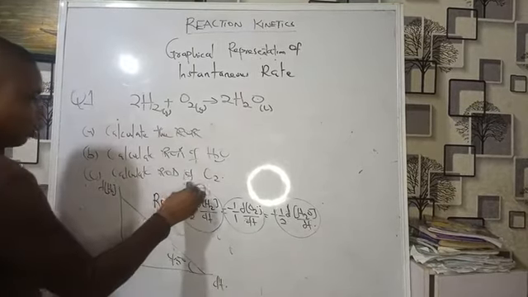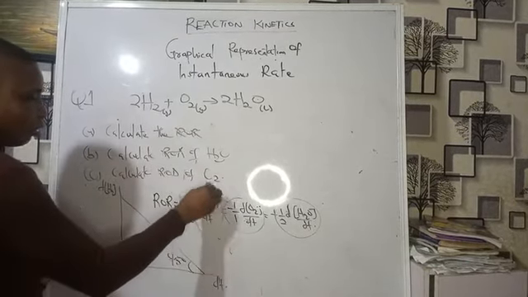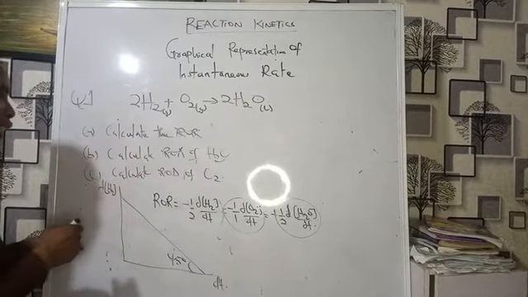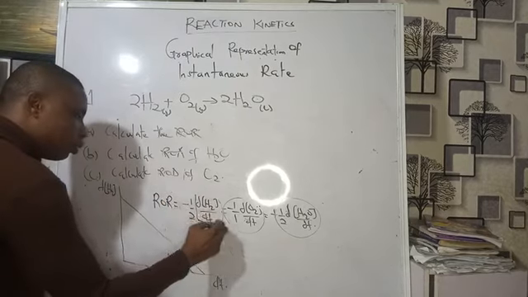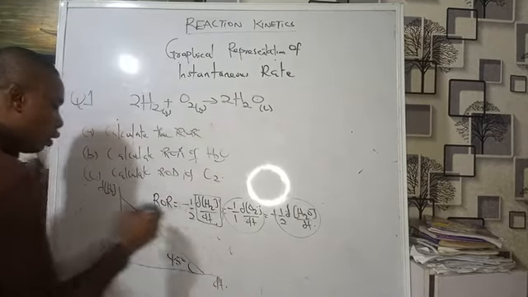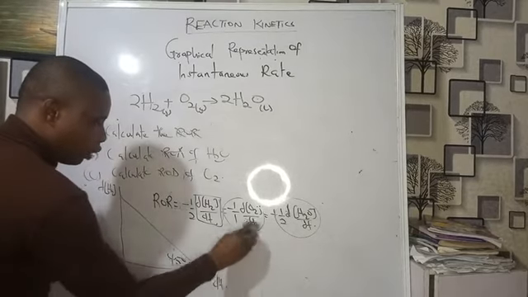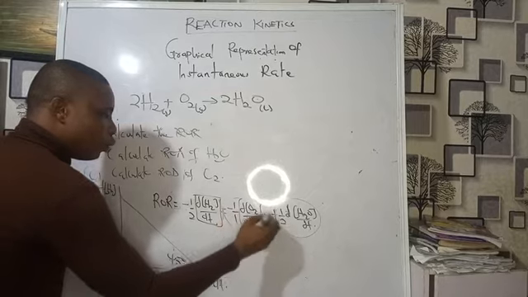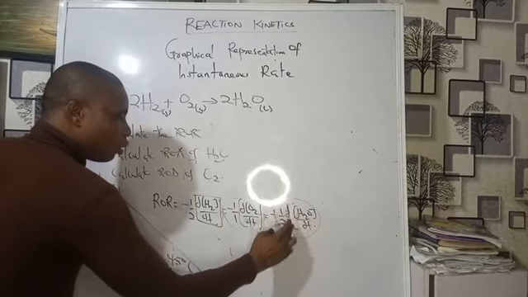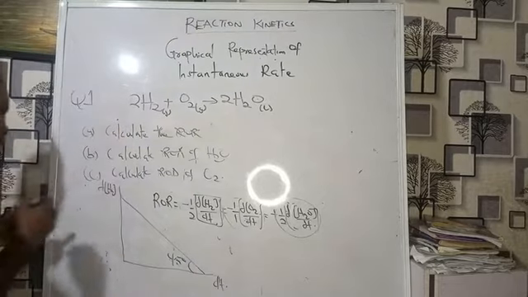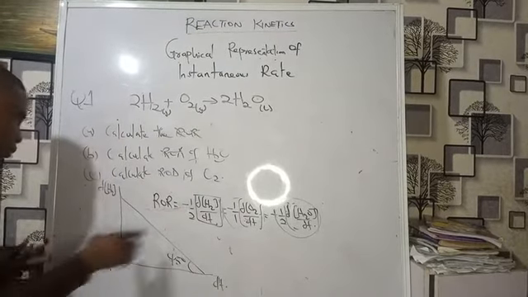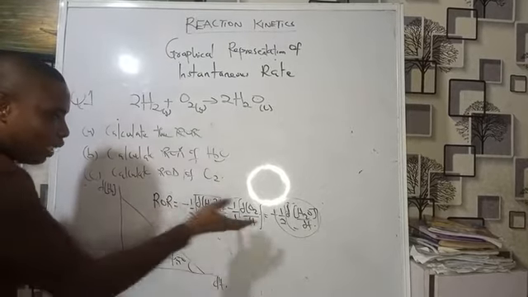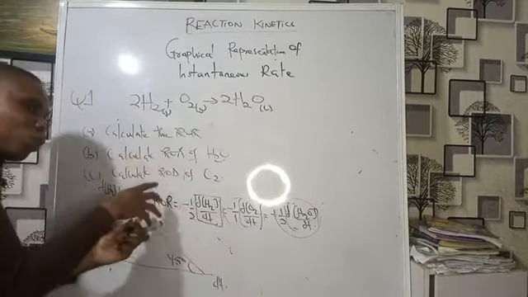Now, without the coefficient, please. It's very important. So this is the rate of disappearance of O2, and this is the rate of disappearance of H2. Have to know that. Dividing by the coefficient is what makes it equal to the rate of reaction.